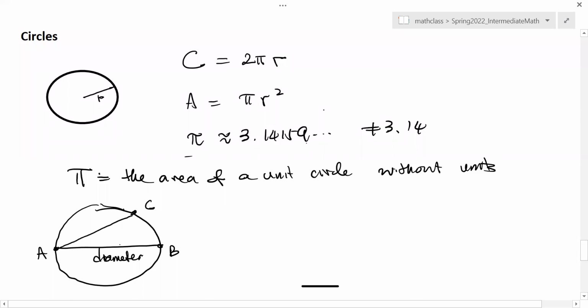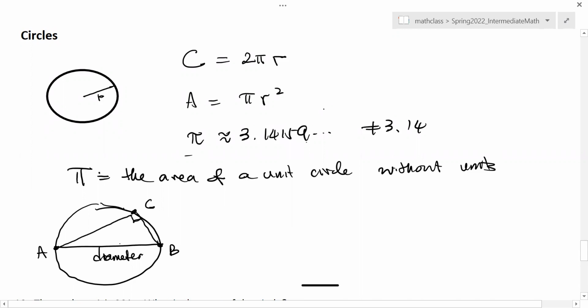What we find out is this is always a right triangle. So if AB is a diameter, then the angle at C is going to be 90 degrees. That is very important.